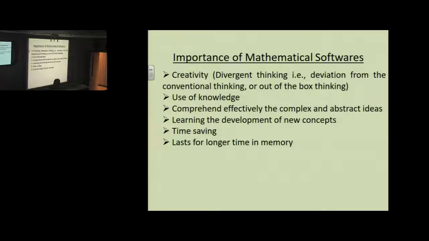This is a very important feature of the human brain, and I think it's the most important skill of the human brain. Also, it is necessary for the development of new things. If we don't have creativity, we will not produce anything new.